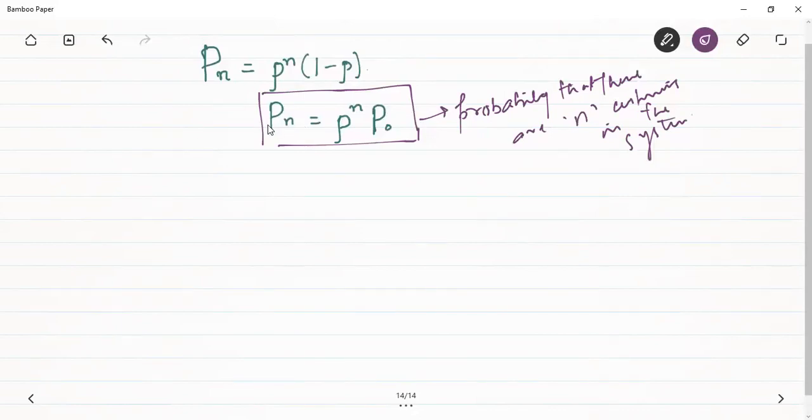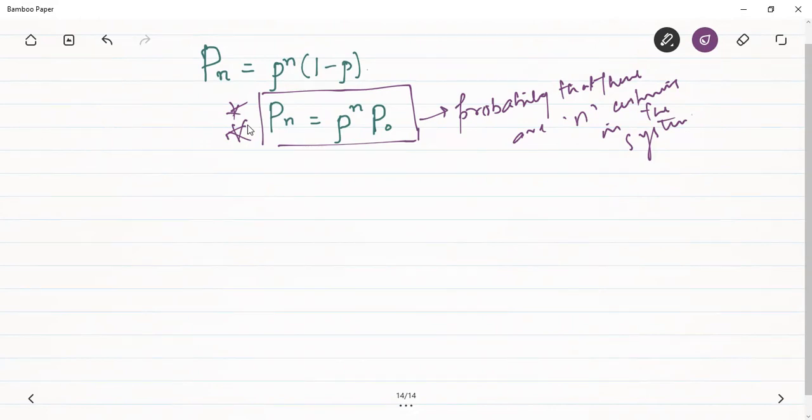Okay, इसकी जो derivation है, I will upload another video where I will only discuss the derivation, but that is not important from the examination point of view. From the examination point of view, you can directly remember this equation. This equation is important, but its derivation isn't important. But still, I will upload the derivation. You can see how this equation is coming. So this is one important formula.